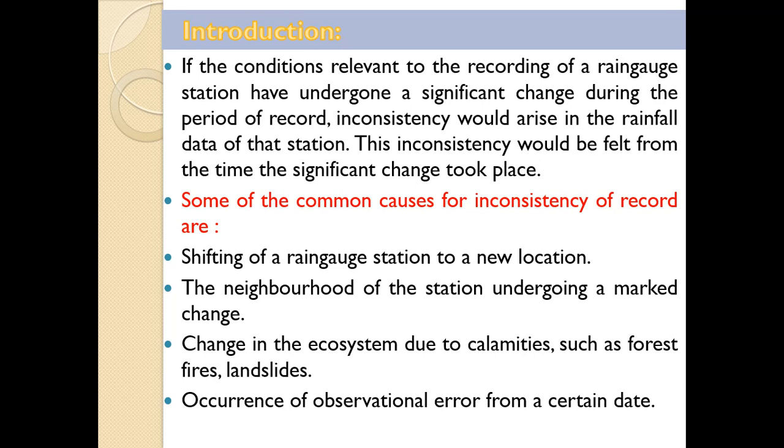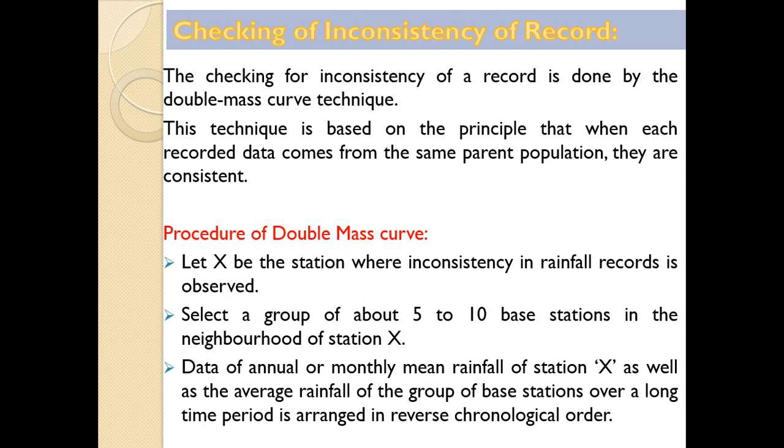Occurrence of observational error from a certain date: sometimes there is a possibility of observational error from a certain period. Instrumental error may be there, and due to these reasons there is inconsistency in the record. The record will not be consistent; it will be improper, inaccurate. So this is called inconsistency in record.